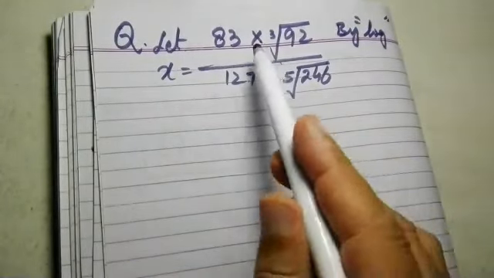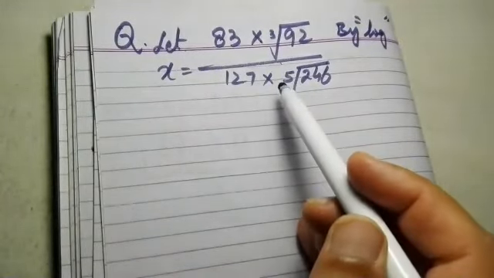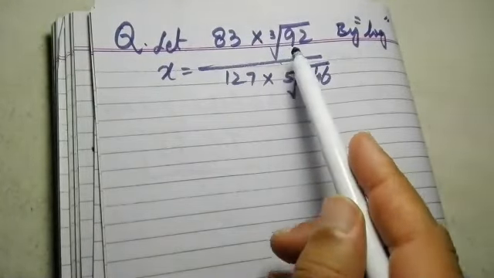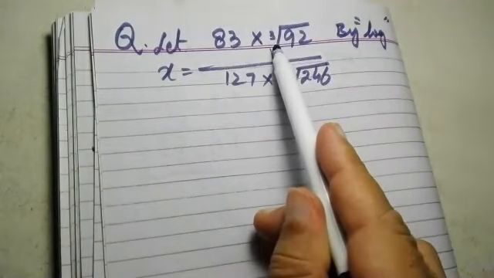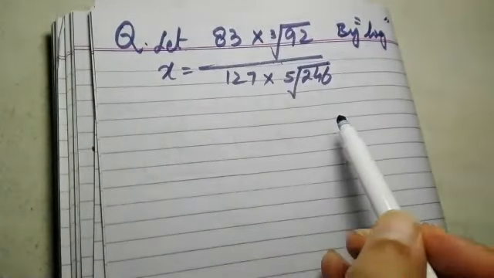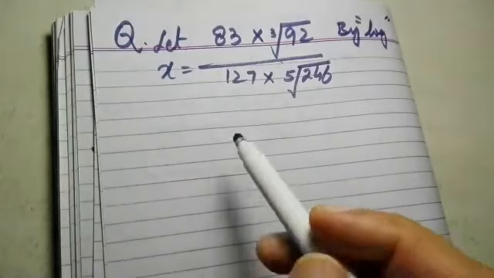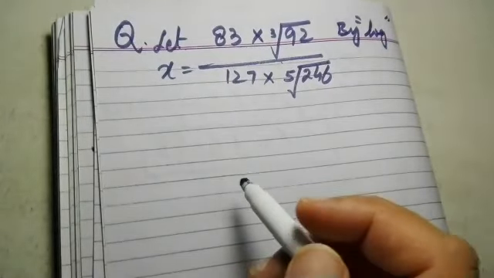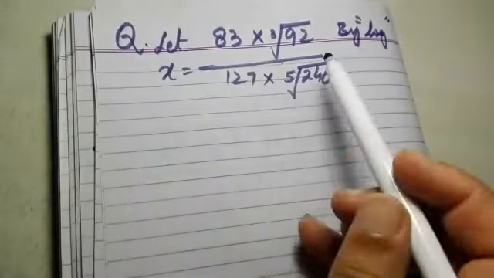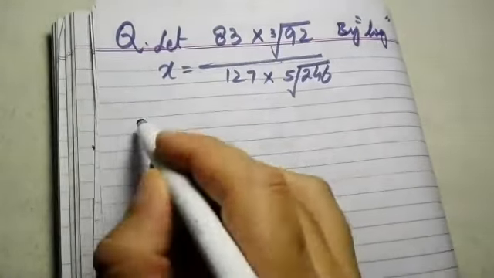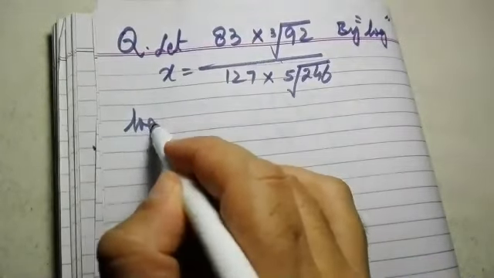This contains a fraction, and in the numerator and denominator there are two terms each. And this 92 has a different exponent or a cube root, 246 has a different power, 83 and 127 are without any exponent. So we are going to solve it as we will take the whole question equal to some number x, and then we will proceed as explained in the previous videos.